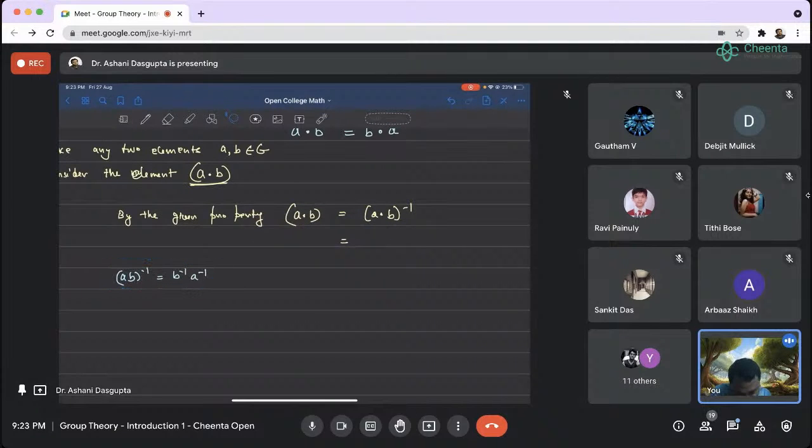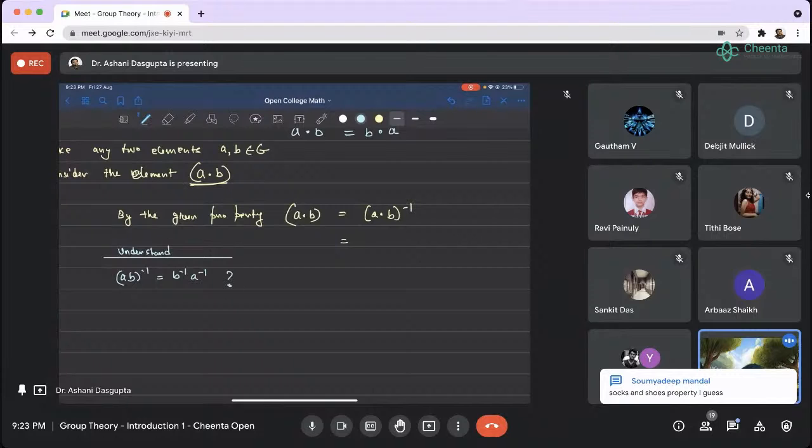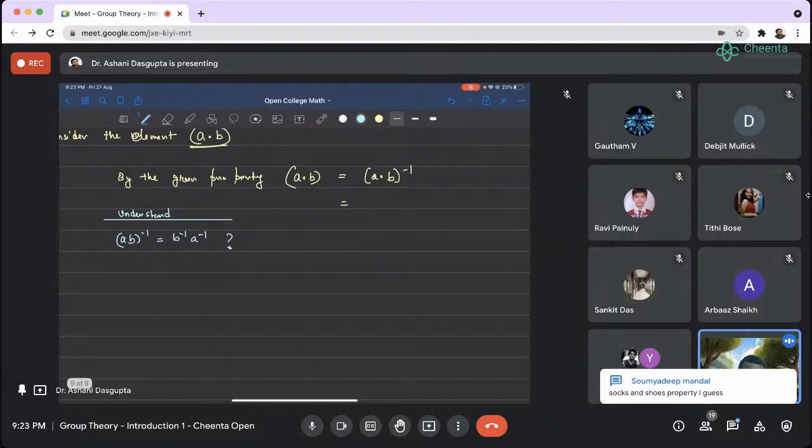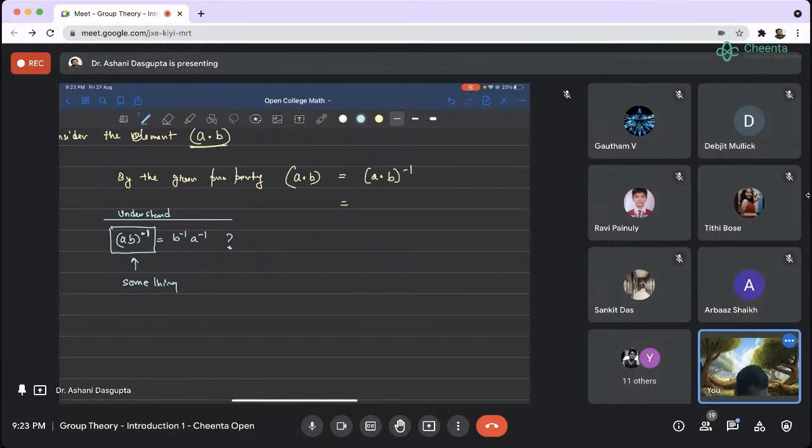So let's understand this part first. Why is AB inverse equal to B inverse A inverse? Okay, let's see. AB inverse, what does this thing mean? This is something which, when multiplied to AB, gives identity.